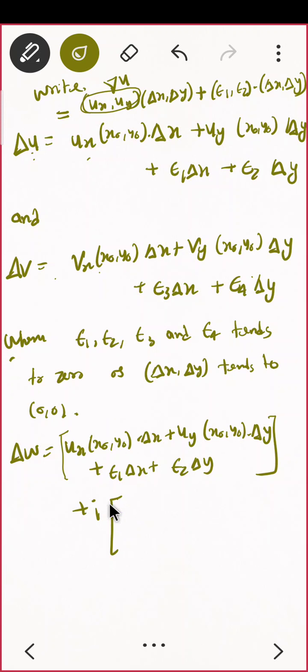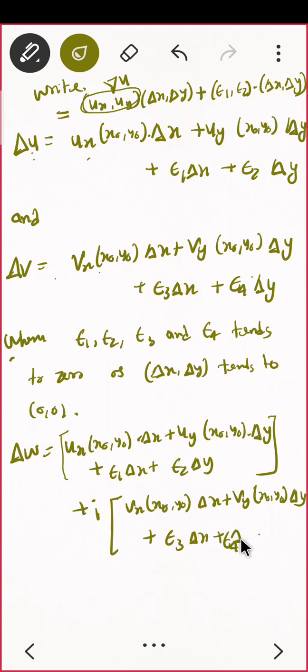This one: vx at x naught y naught delta x plus vy at x naught y naught delta y plus epsilon 3 delta x plus epsilon 4 delta y. Okay, what next?